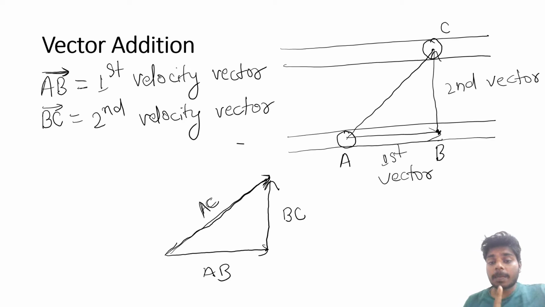How did we form the resultant vector? First we drew the first vector, and then we joined the tail of the second vector with the head of the first vector, and lastly, to draw the resultant vector, we joined the tail of the first vector with the head of the second vector, that is the AC vector.